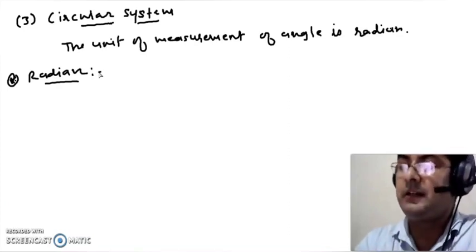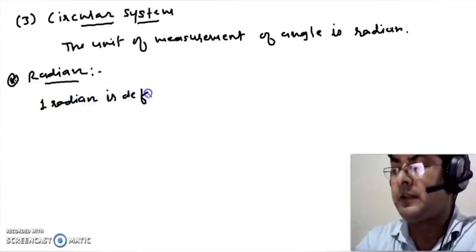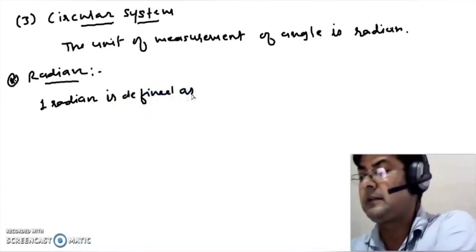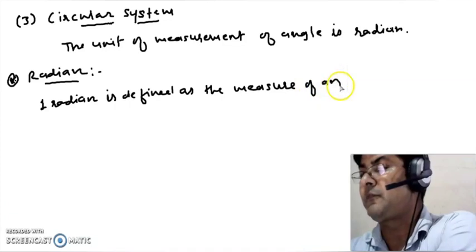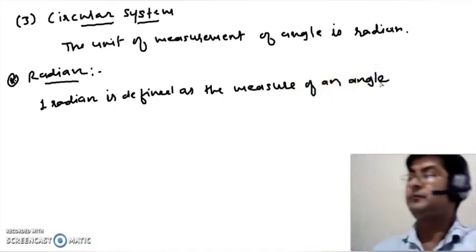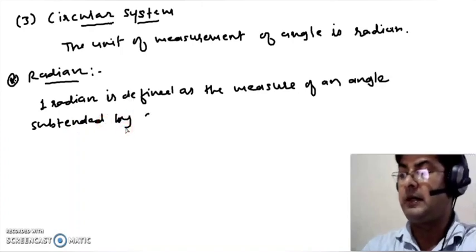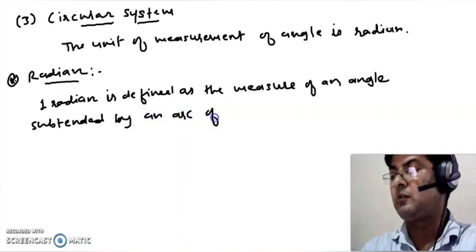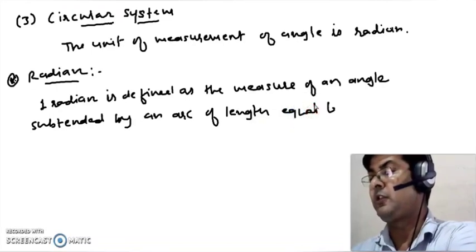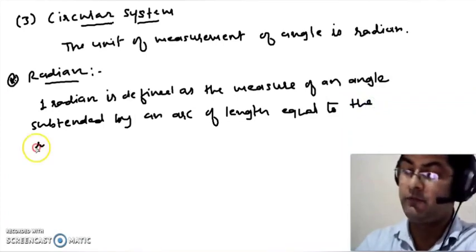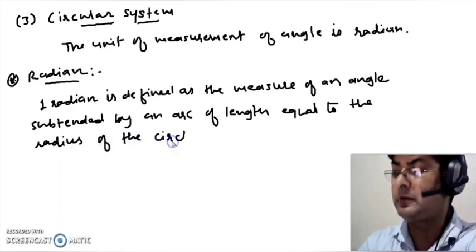Clear? So 1 radian is defined as the measure of an angle subtended by an arc of length equal to the radius of the circle.